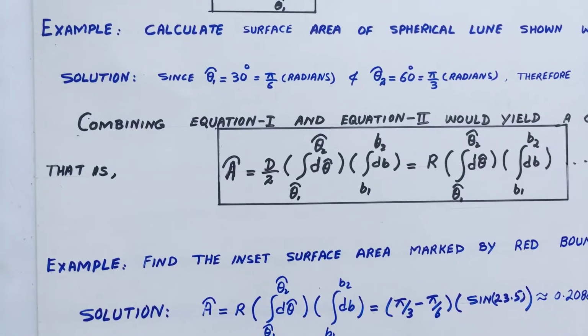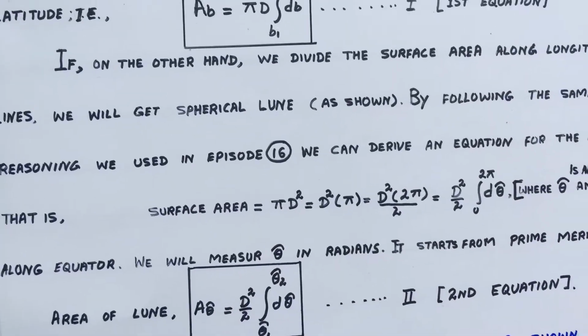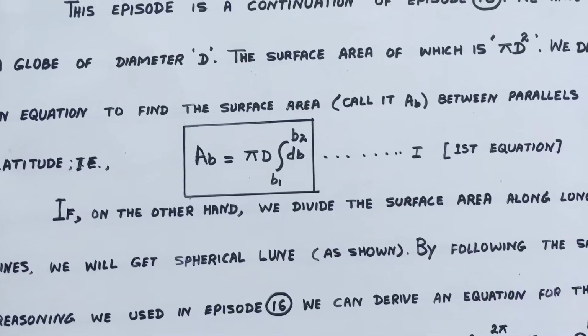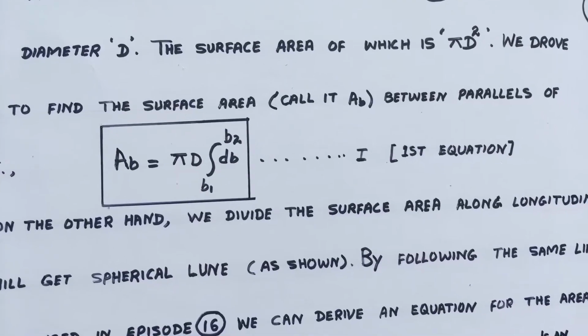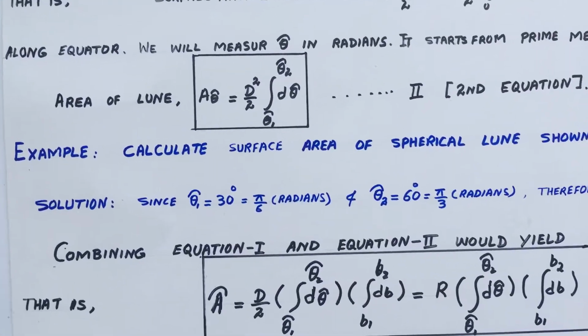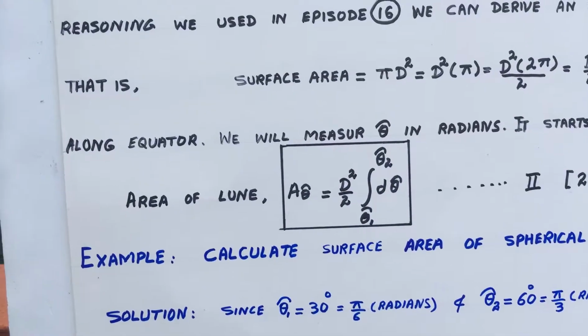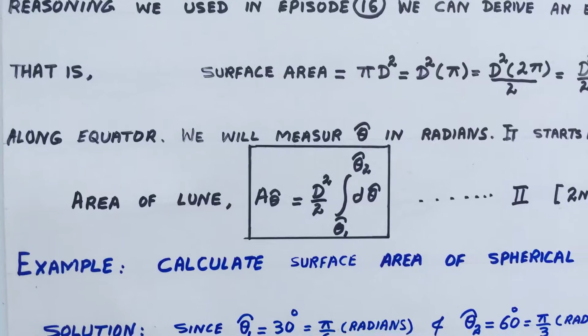Now if we combine equation 1 and equation 2, this was our equation 1, which we used to measure the strip area between two latitudes, and this is the equation we used to measure the area between two longitudes.